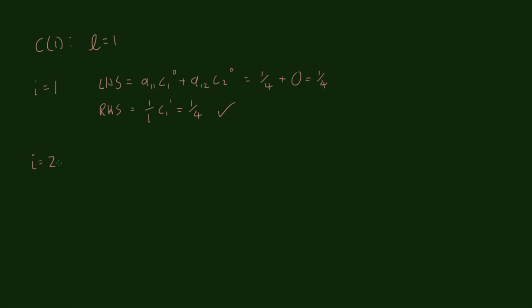Now we need to check for I equals 2. The left hand side is A12 C1 to the power 0 plus A22 times C2 to the power 0. Essentially, when L is equal to 1, the C condition is also known as a row sum condition. So we have 3/4 for the left hand side.